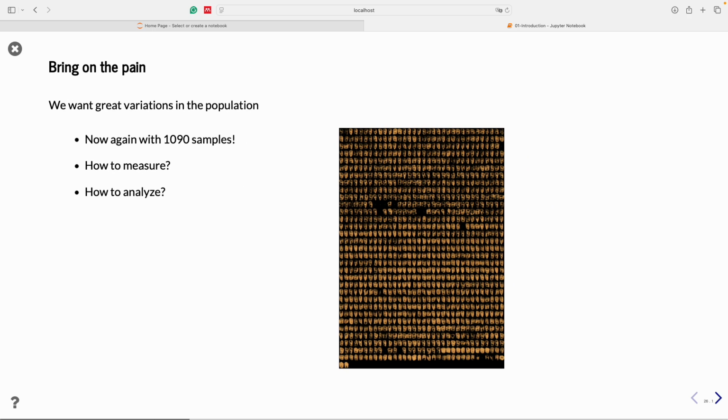And then you want to have different species or different individuals, and you come up to a sample size of about 1,000, which is kind of typical for biological investigations, that you need that amount of data in order to make relevant conclusions. And now the question is how to do the measurement here and how to analyze it.